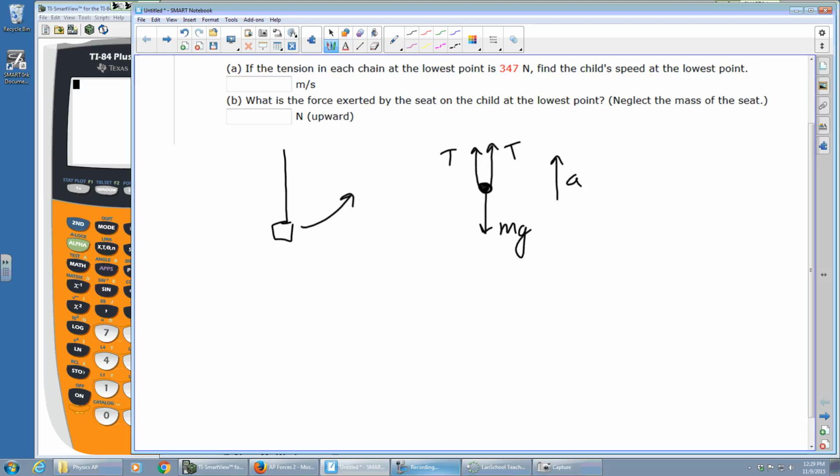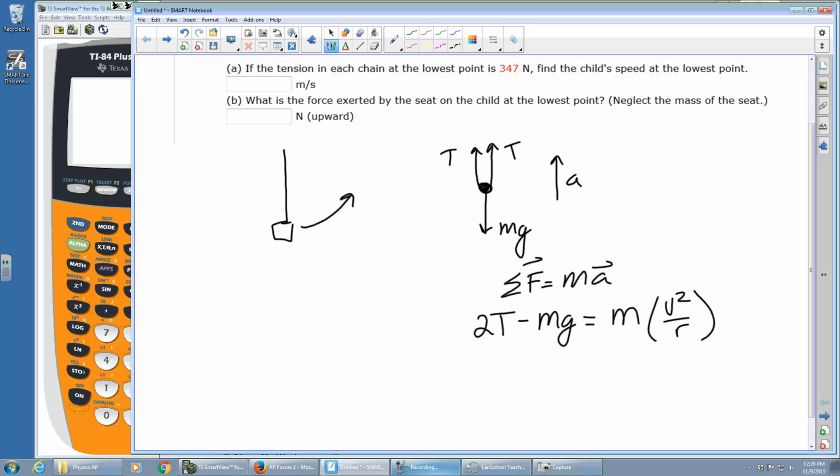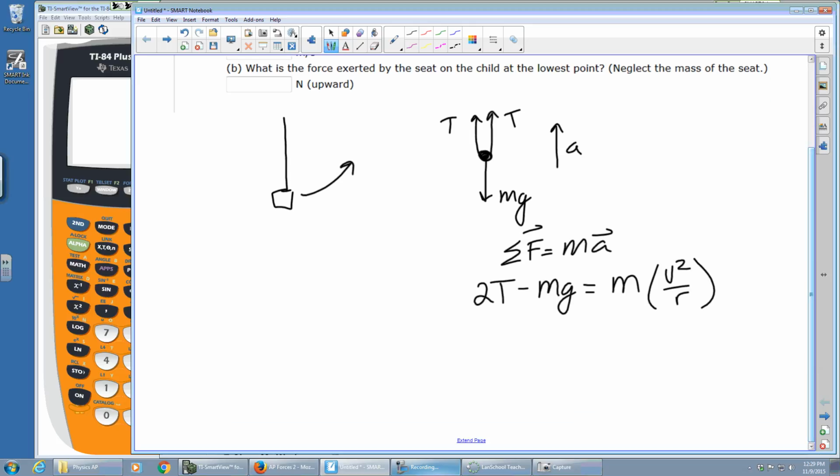So using Newton's second law, the sum of the forces is ma. I have 2T minus mg equals m times v squared over r, because to be in circular motion, you need that acceleration, right?